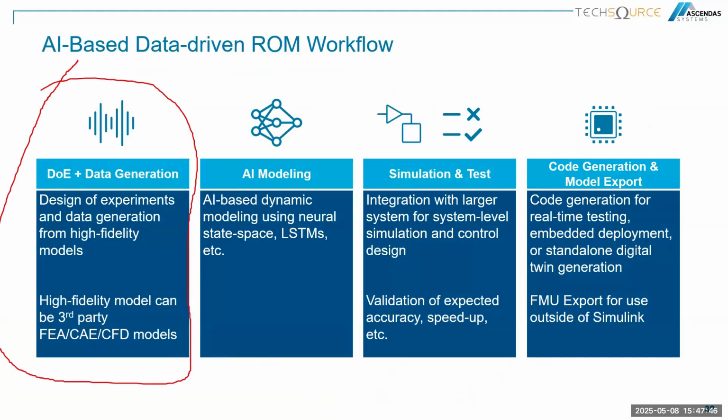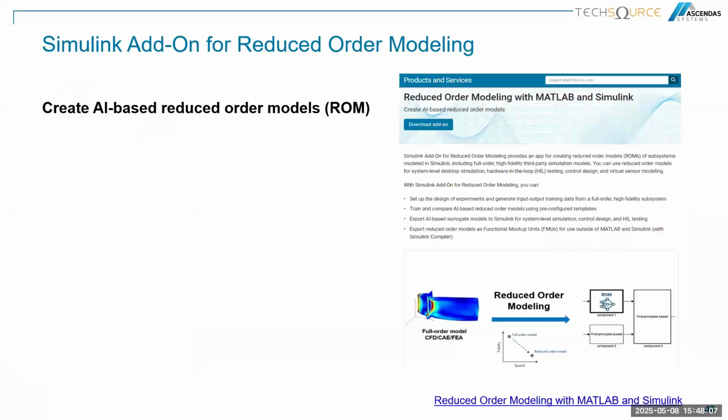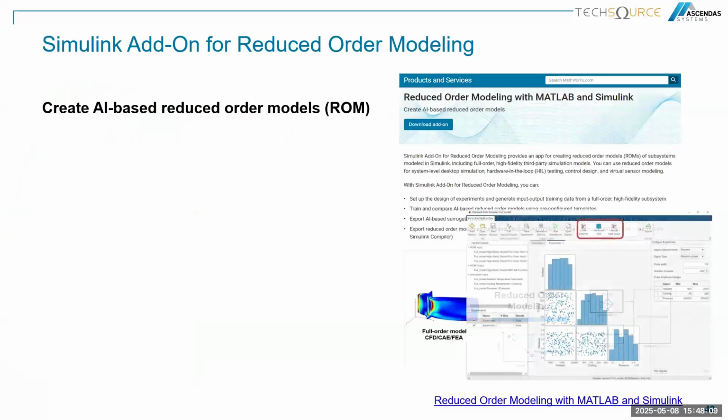You can bring this high fidelity model here, design the DOE, and get the new output from the FEA tools to feed to this AI, which will make it smaller and faster. So that is what we have with this ROM.